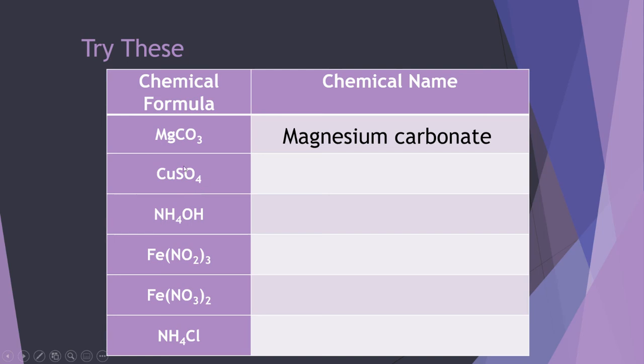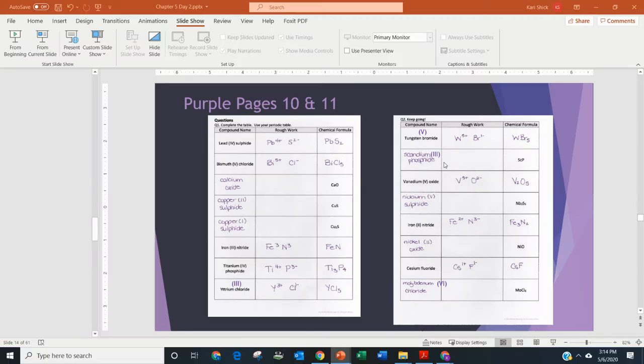Okay, CuSO4. Copper has multiple charges. So what's the charge of SO4? Well, that happens to be sulfate, and that has a -2 charge. So they must be the same. That means it's copper 2 sulfate, and I should just fix this.